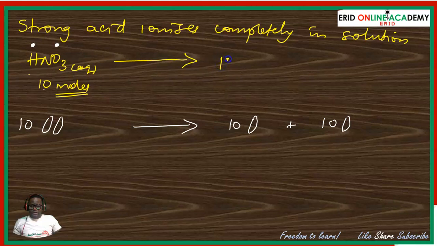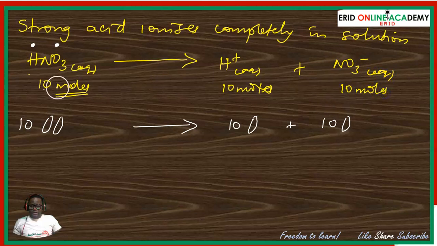So I will be getting 10 moles of hydrogen ions, and of course I will be getting 10 moles of nitrate ions. So this means that the acid completely dissociated.